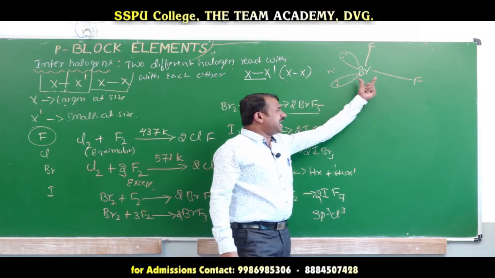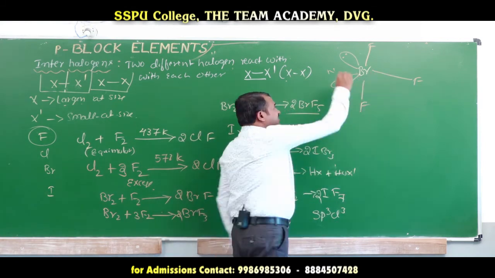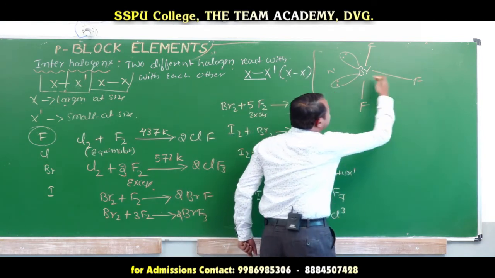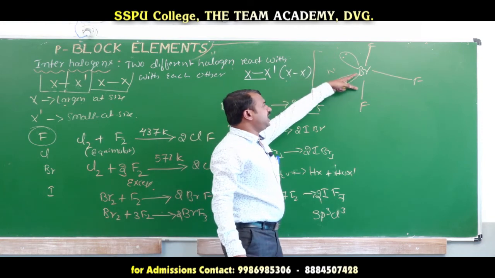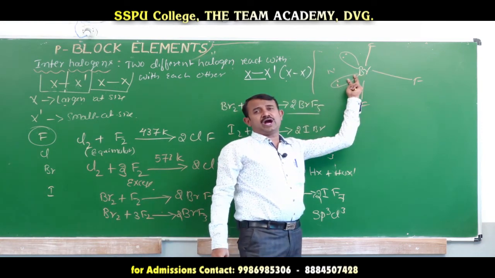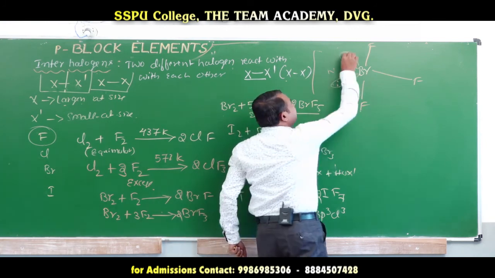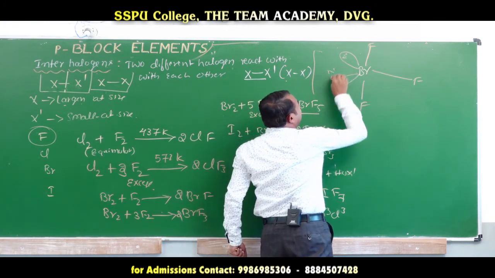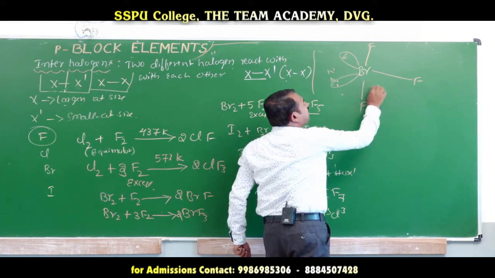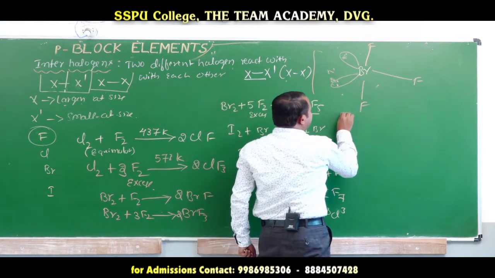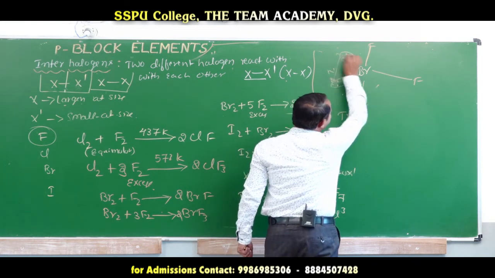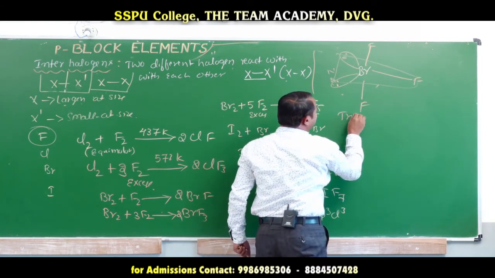When equatorial and axial positions form the structure of the interhalogen BrF3, it has 3 bonding pairs and 2 non-bonding pairs. Non-bonding electrons have more repulsion than bonding electrons. Here also it is trigonal bipyramidal.